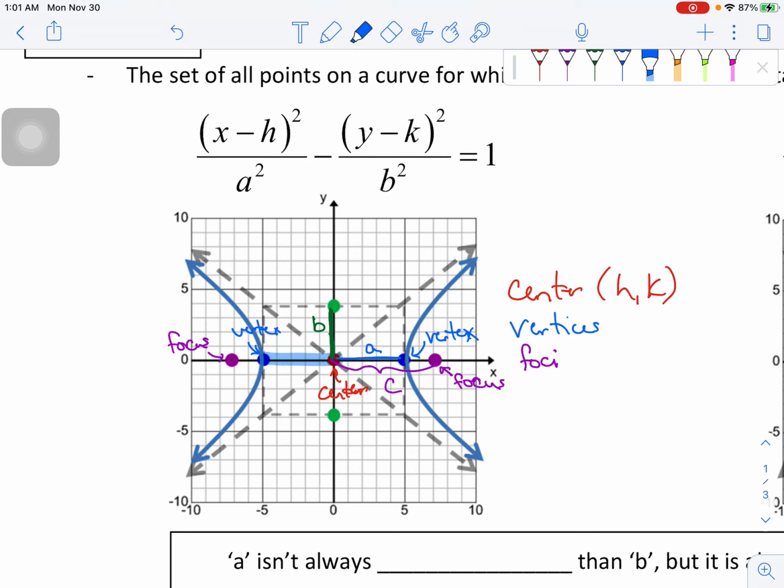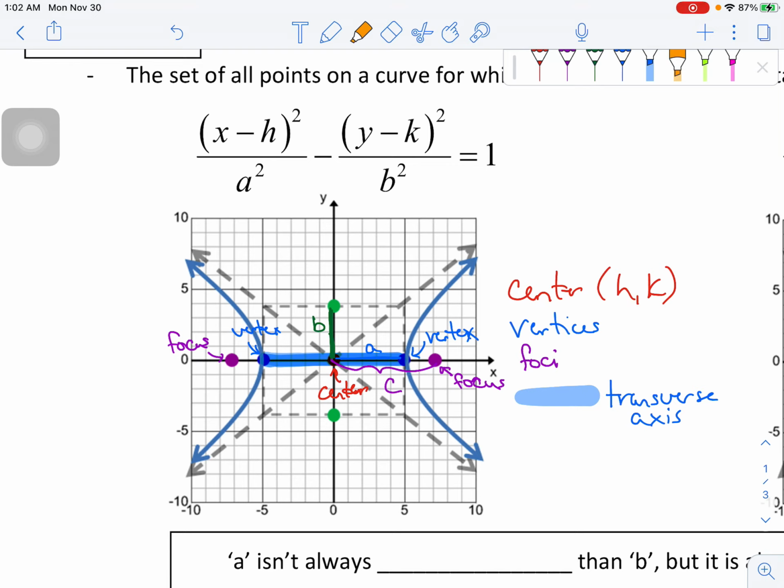Now, a couple quick things that I'm going to keep adding to this pretty little picture here. The line segment that connects the two vertices, and I'm going to put the little highlighter mark there, is called the transverse axis. So the two vertices are the endpoints of that axis.